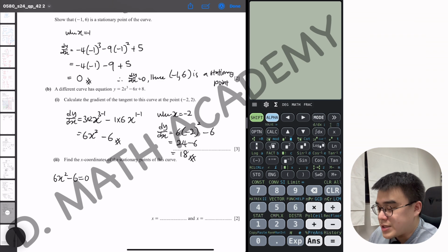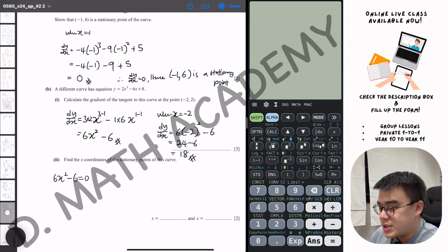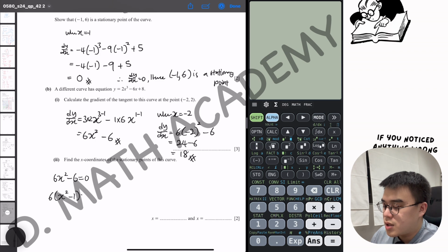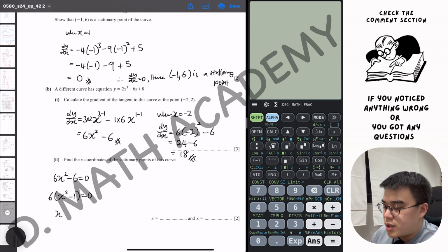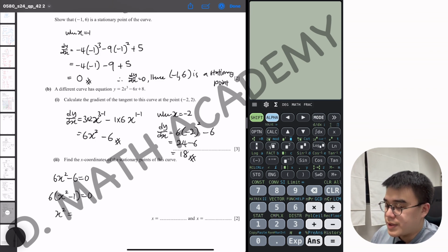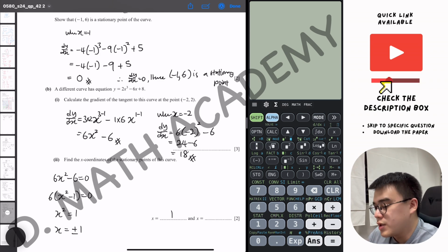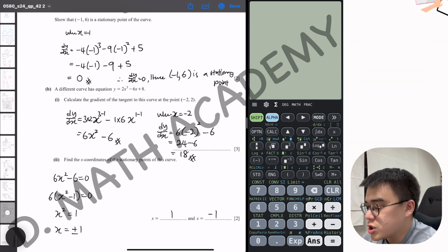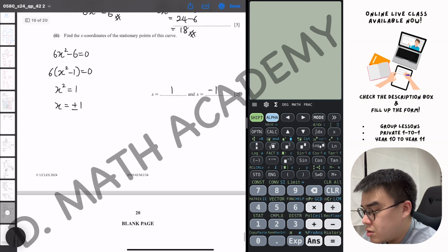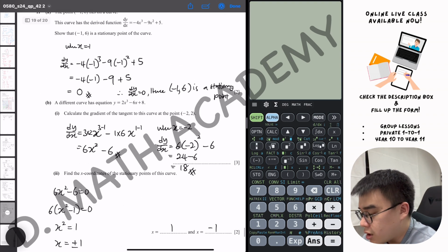If you take out the 6, you get x squared minus 1 equals 0. x squared equals 1. x is basically plus minus 1, because of the squared nature. And that's pretty much it.